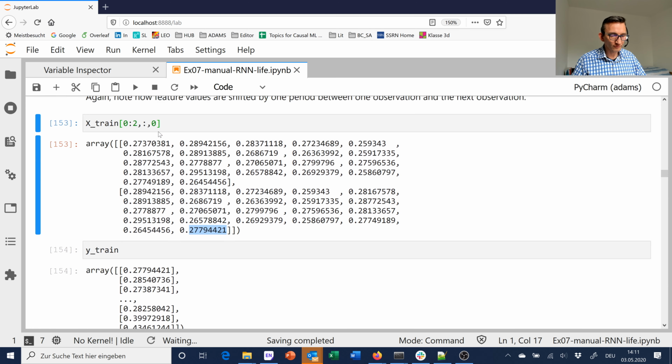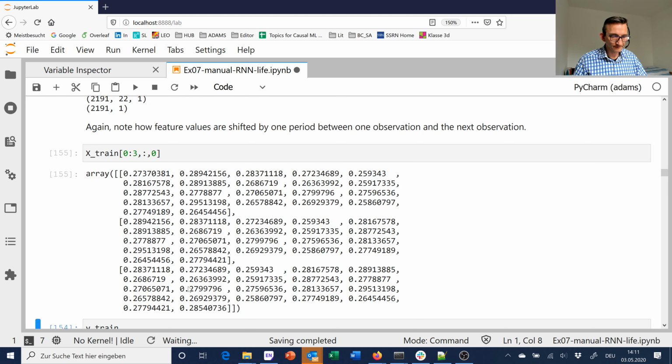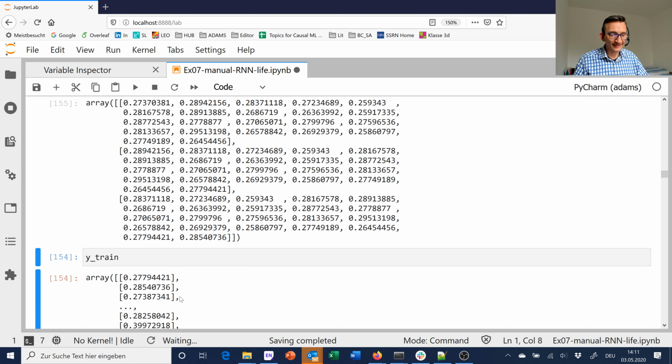And of course, if you pull out more data, it's not getting any easier to read, but now we will also be able to see the second entry in our target vector, yt plus 2, so to say.